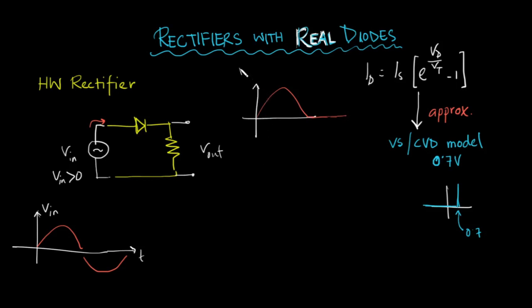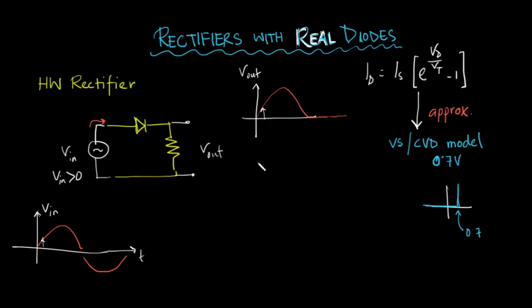This is the output, and this was the input. So as soon as the input went up, the output went up with it. No matter how small, the output is always following the input.